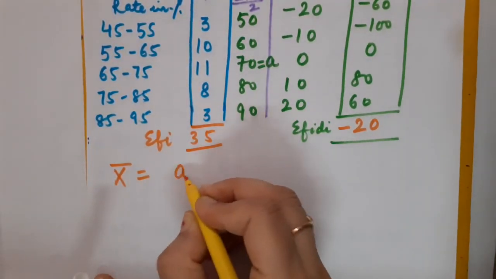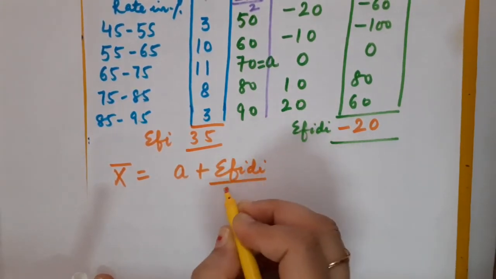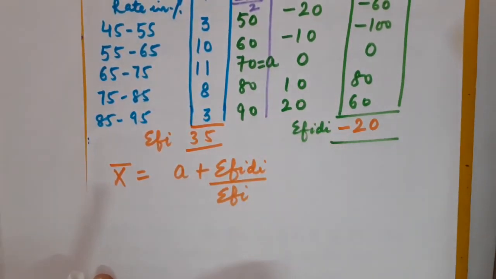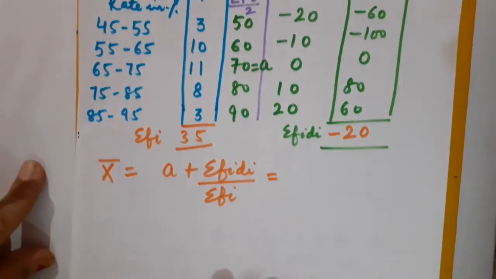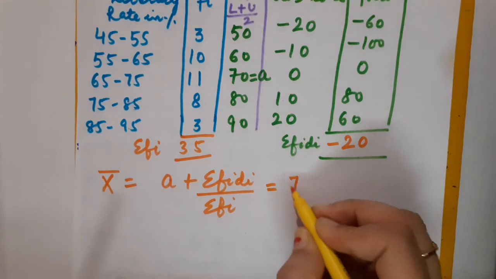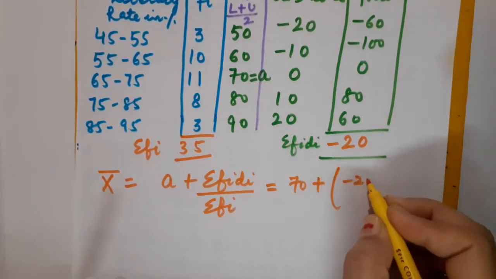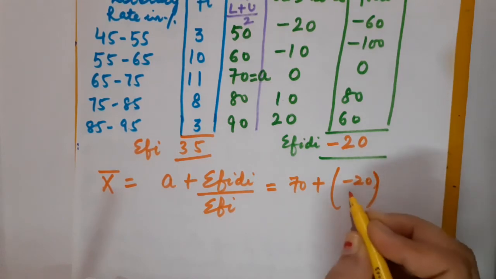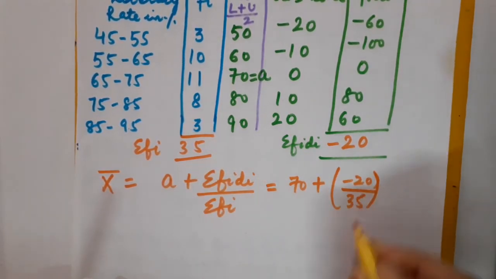The formula is A plus sigma Fi Di upon sigma Fi, which will be equal to, what is A? 70. So write it. 70 plus sigma Fi Di is what? Minus 20 upon sigma Fi is 35.